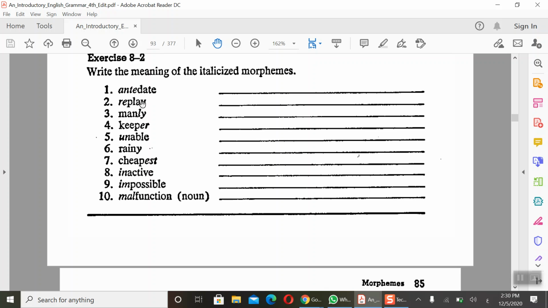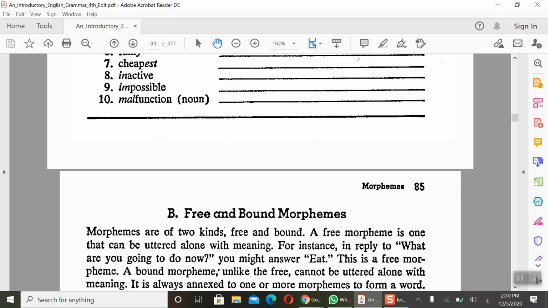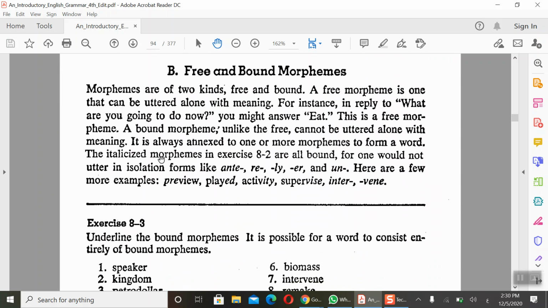Earlier. Play. Play is a free morpheme. Re is what? Bound morpheme. What does re mean? It means what? As I told you, again. Alone, re has no meaning. Then how does its definition say it cannot stand alone unless added to another word to form what? A meaningful unit.